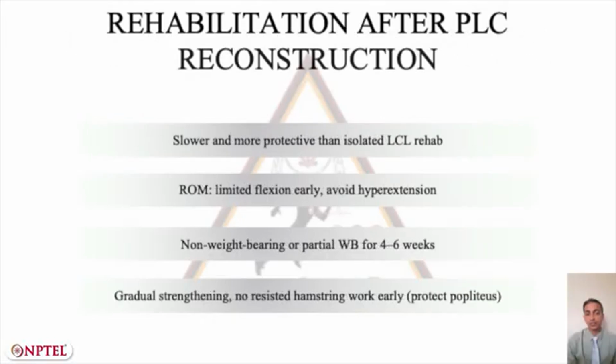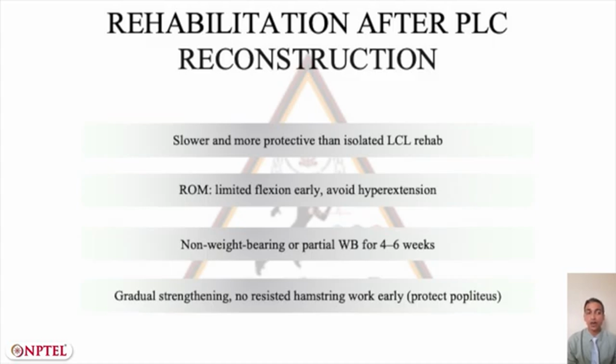After PLC reconstruction, the rehab is slower and more cautious as compared to an isolated LCL injury. The focus is on limiting the range of motion initially. This is done to protect the graft and allow it to heal properly and adequately. Hyperextension of the knee must be avoided in this phase.